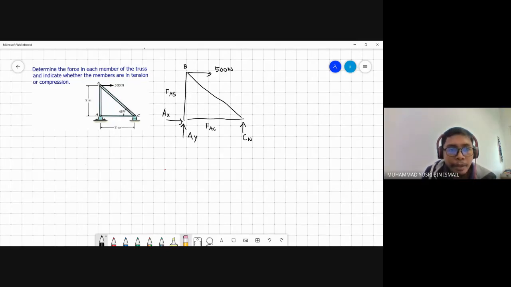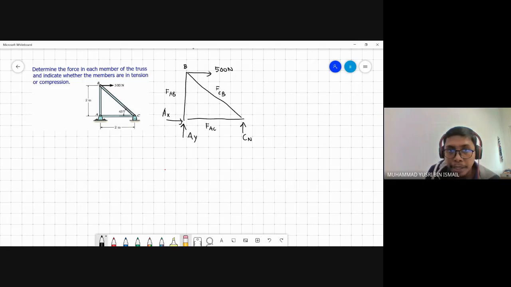And then for C, we also cannot start any calculation at this point because it consists of FCN, FAC, and let's say FCB. So it has more than 2 unknowns.